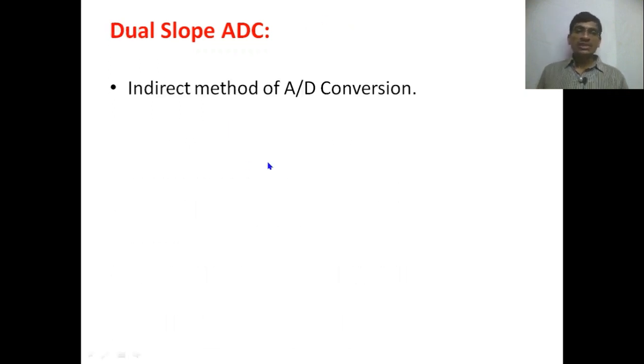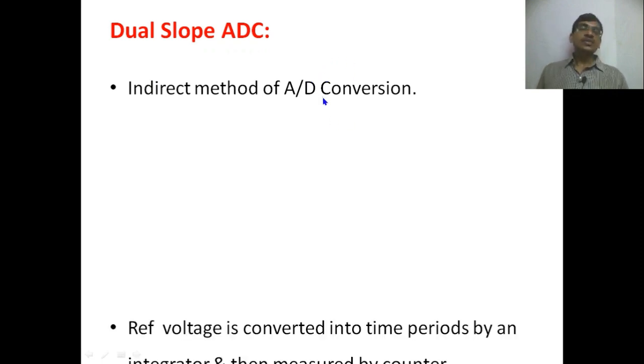In this dual slope ADC, the indirect method of analog to digital conversion is used. What is the indirect method? First, the analog signal is converted into time or frequency, and then that time or frequency is converted into the respective binary number.